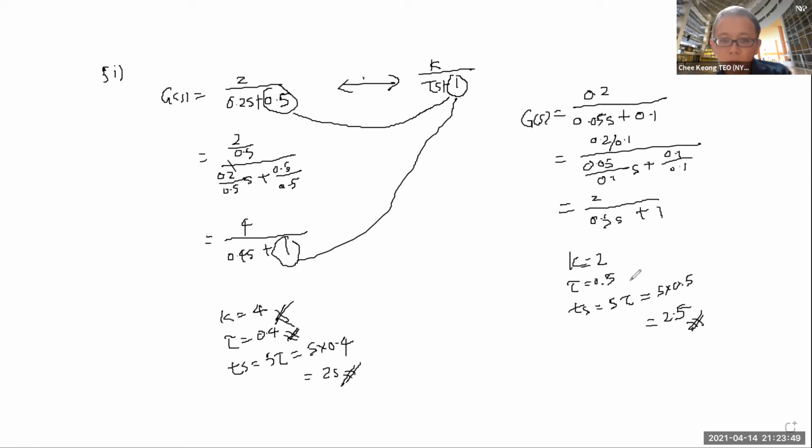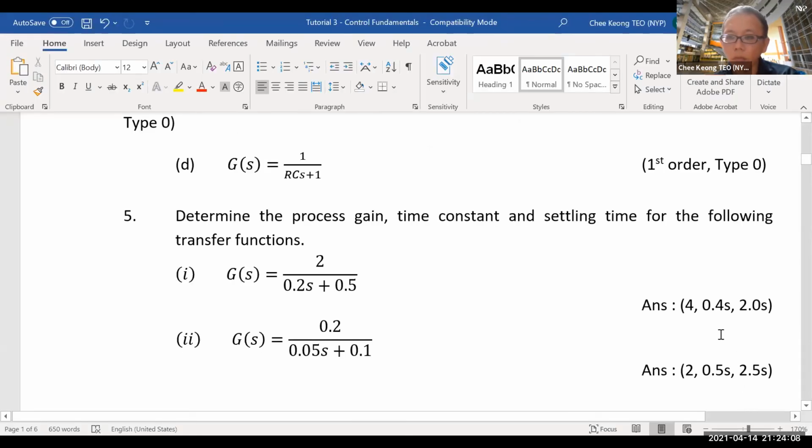So these are the solutions for 5 part 2. Let's check what we have solved. You can see it's 2.5 and 2.5, and this is 4.4 and 2, so we have nailed this question.